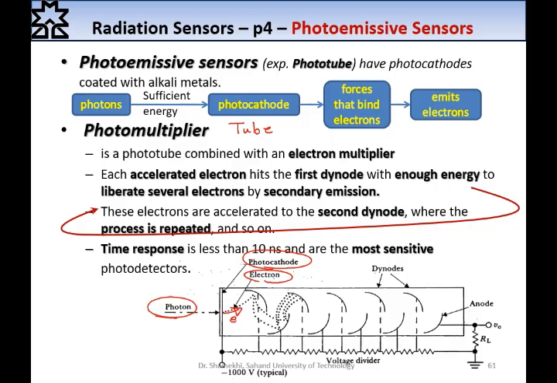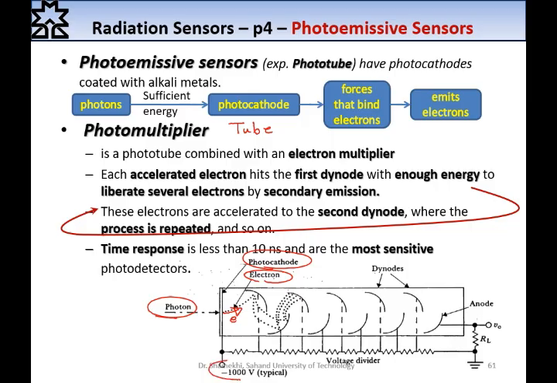We have some electrodes, we call them dynodes, and also a voltage divider here. We have some resistors here, as you can see, which act as a voltage divider.